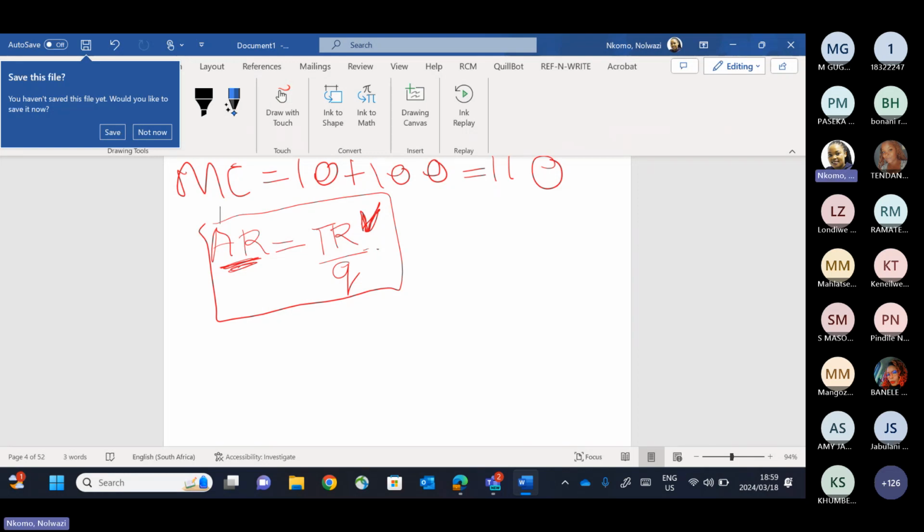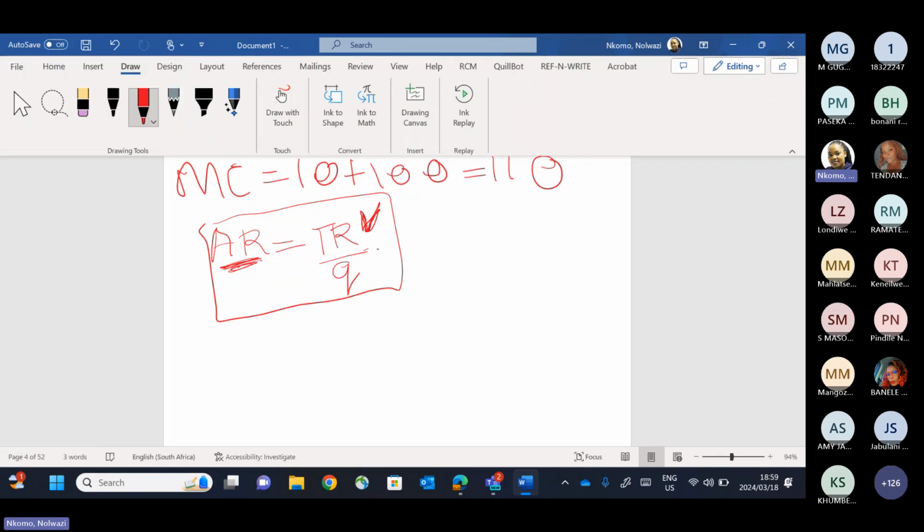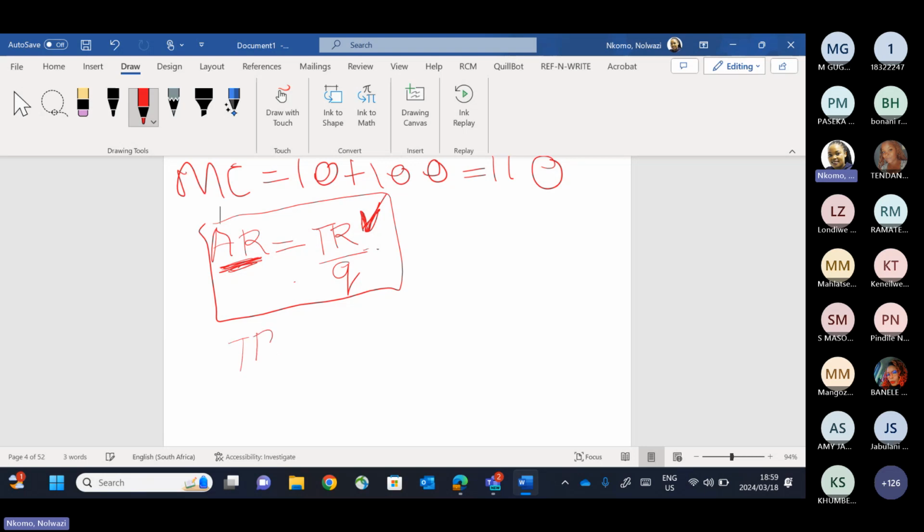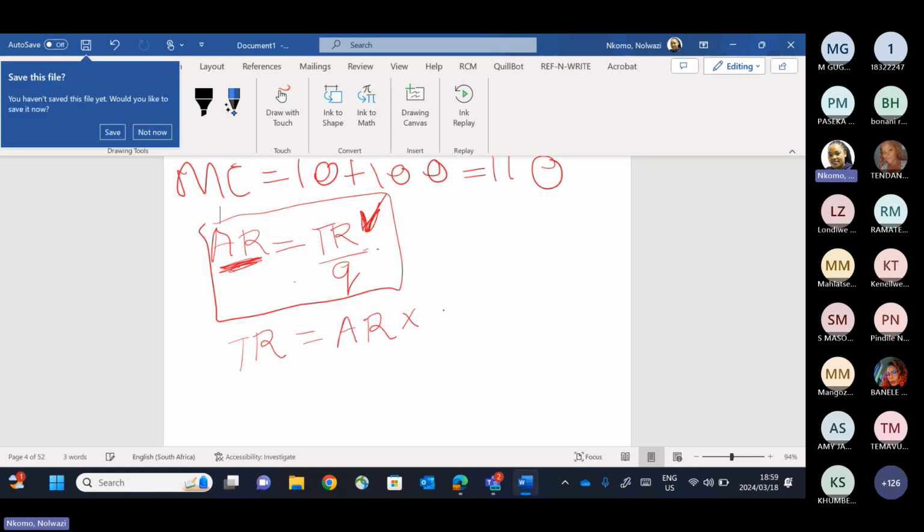So if we are given the average revenue and asked to find the total revenue, the total revenue would be the average revenue times Q, which is just the units demanded or produced.